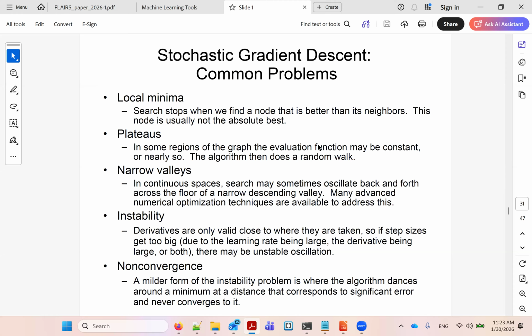Plateaus are still the same thing, of course, kind of an inverted plateau you're liable to see when you're doing gradient descent. Narrow valleys, it's bouncing back and forth, not making good progress toward the solution, still there. A plateau, again, is a flat region. So once again, you're going to have difficulty making progress toward the solution. Those are going to be issues.